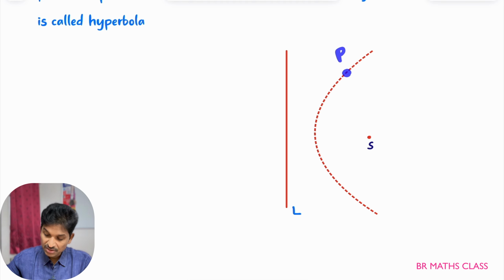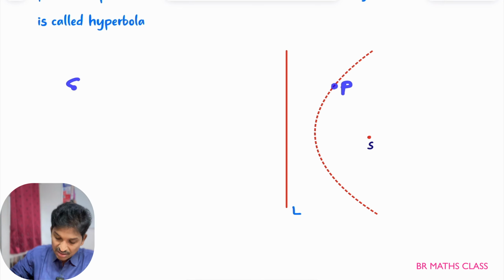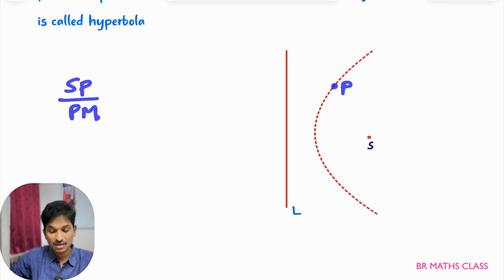See here, the distance from point P to point S, you observe. This is the distance from point P to the fixed point, and this is the distance from point P to the fixed line. SP by PM. This ratio is constant. Suppose SP1 divided by P1M, SP2 divided by P2M.